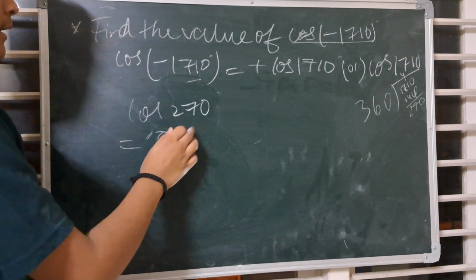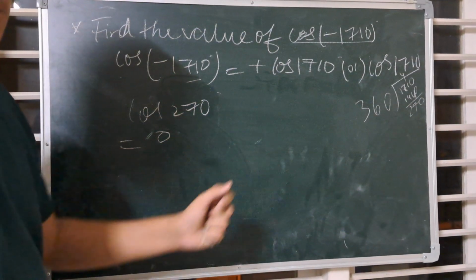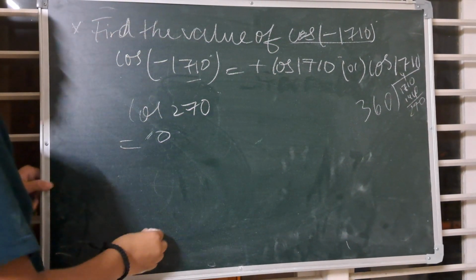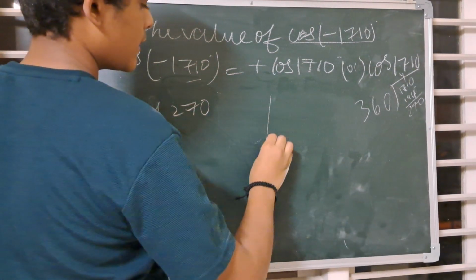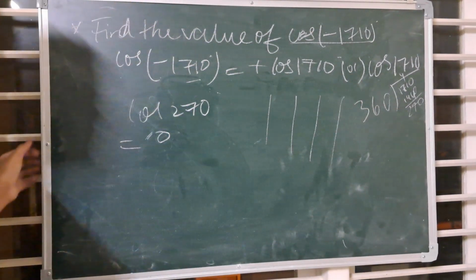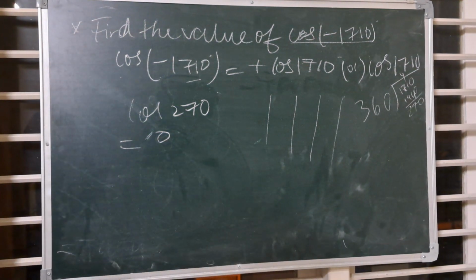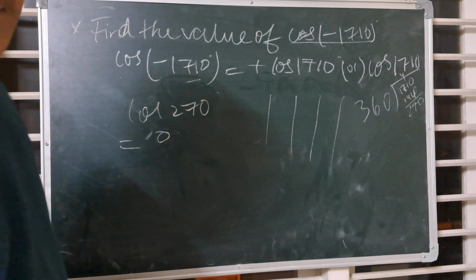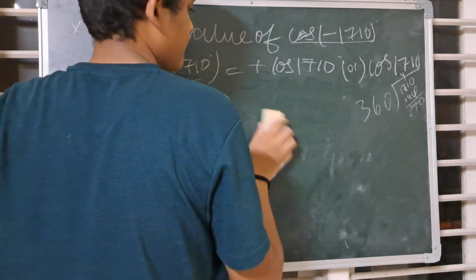Even for 270 degree, if we keep on solving it, it will drag our time. There is a table available for 120 degree, 180 degree, 270 degree, and 360 degree. Apart from 90 degree, we should learn this table of rows and columns by heart.